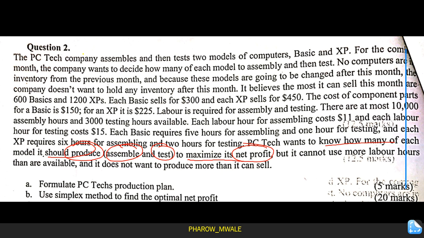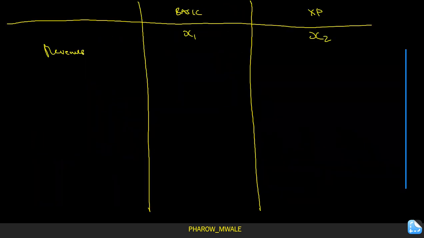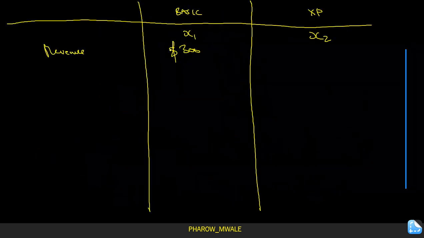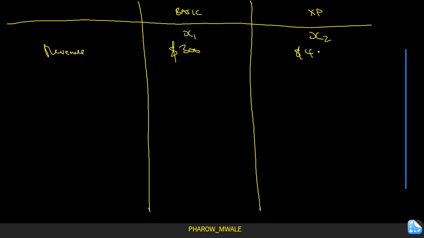Each basic, that is one basic computer, sells for $300. So I know the revenue from one basic, it is 300 USD. And each XP sells for 450 US dollars. So I'm going to put my 450 USD here.